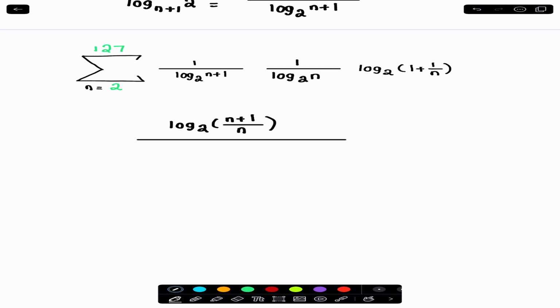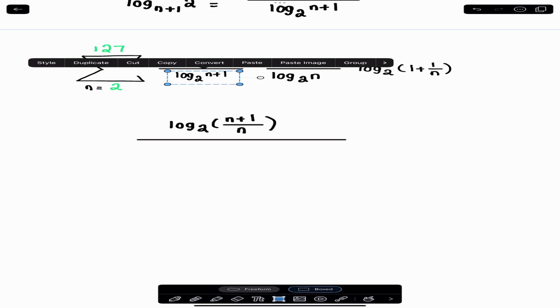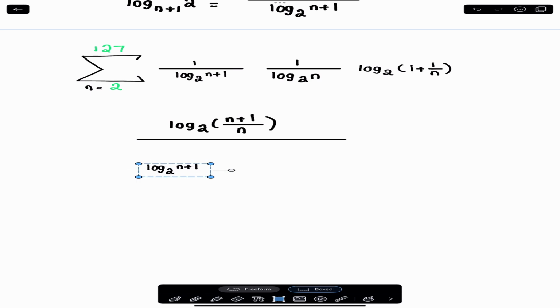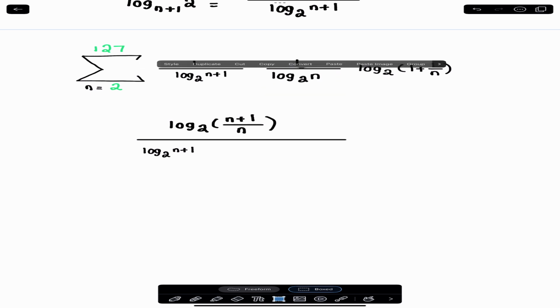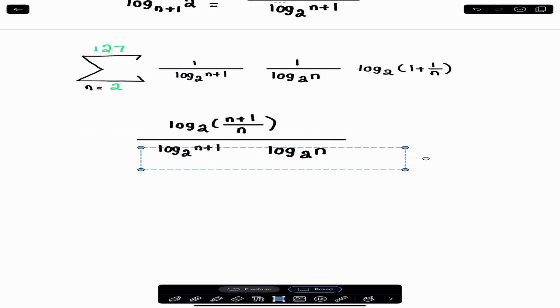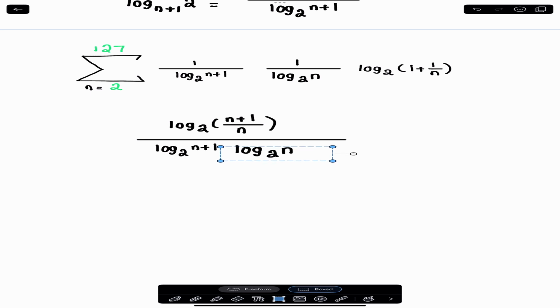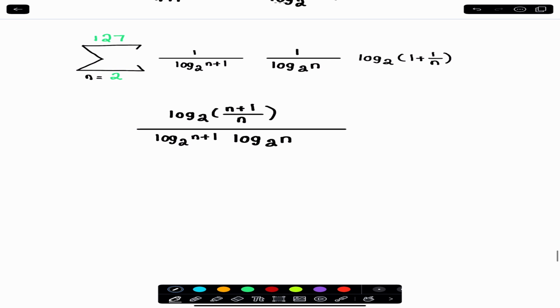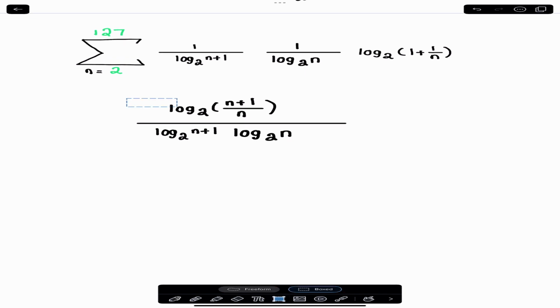And then on the bottom is going to be these two. Just going to move everything around a bit. So let me give myself some more space.